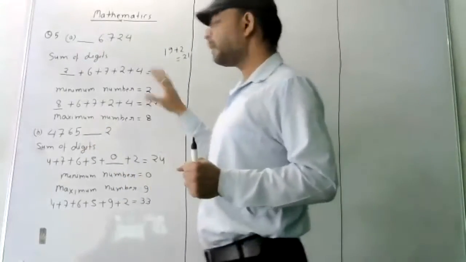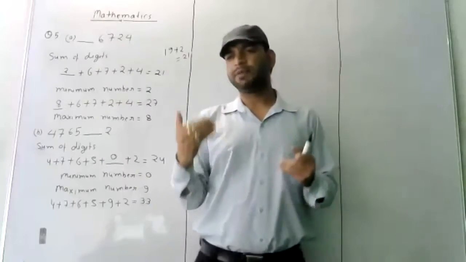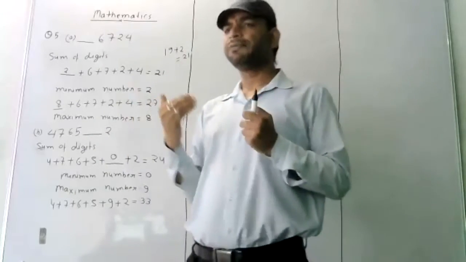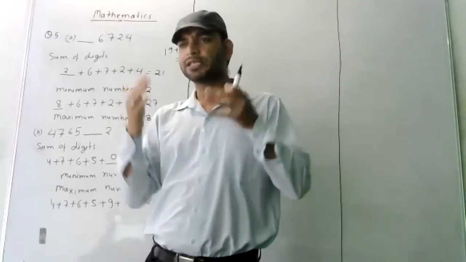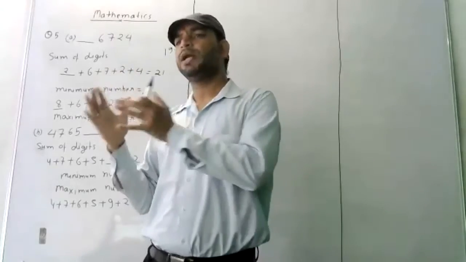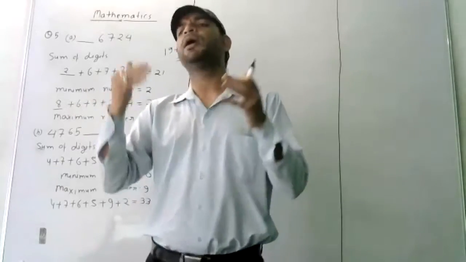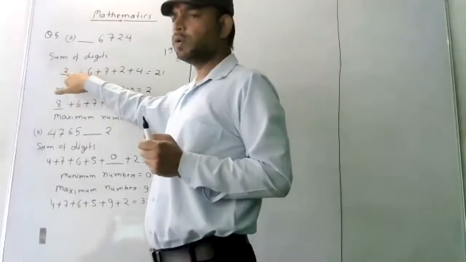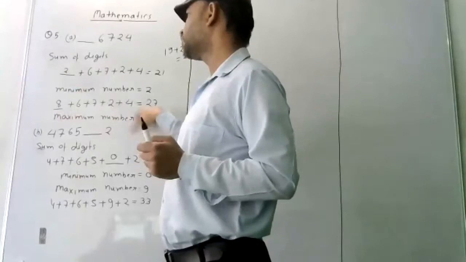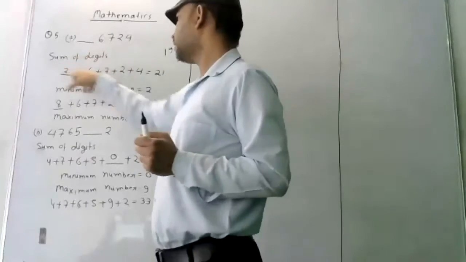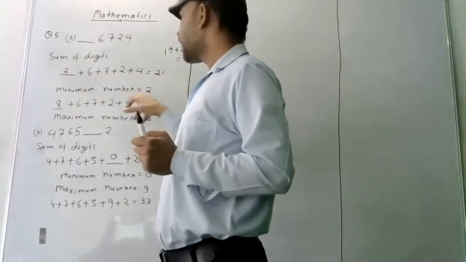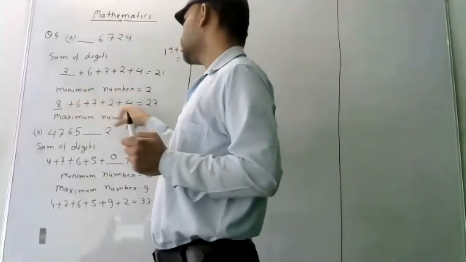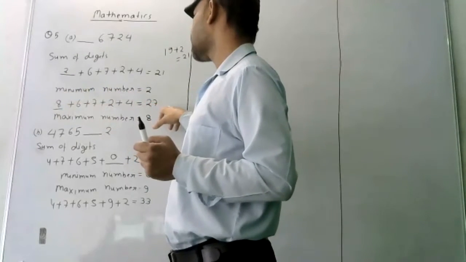We know that the divisibility test of 3 is: if the sum of the digits is divisible by 3, then the number is divisible by 3. Put here the minimum number 2 and maximum number 8. So the sum of the digits is 21, and with the maximum number the sum is 27.